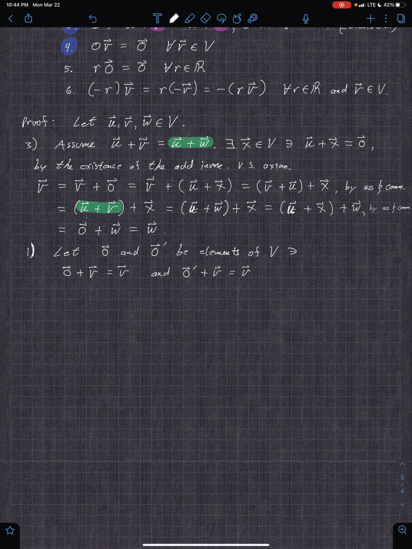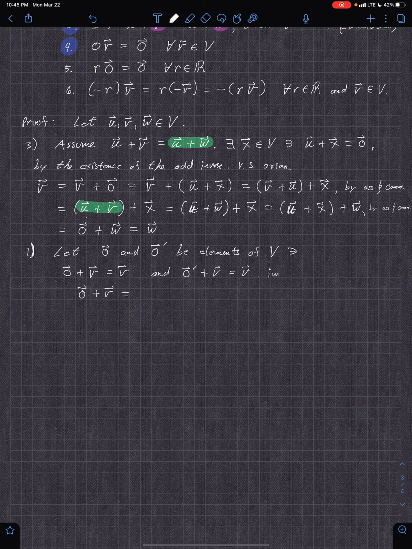This is pretty straightforward now that we have cancellation, because all you have to say is that 0 plus V and 0 prime plus V are both equal to V, so they have to be equal to each other.